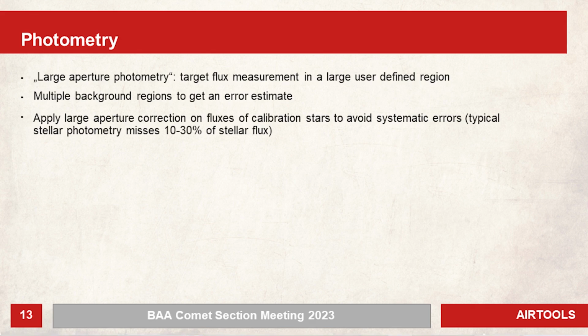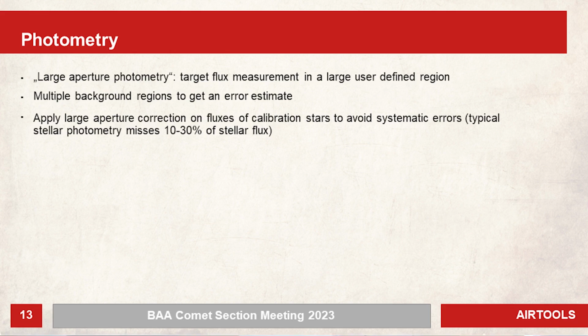About photometry, there are two things. One is the flux measurement and the other is the calibration. Flux measurements I'm doing in these large user-defined regions of the comet region, and also from multiple background regions.